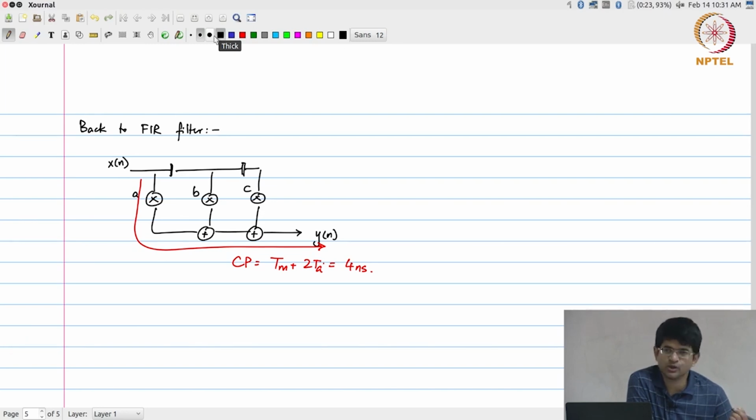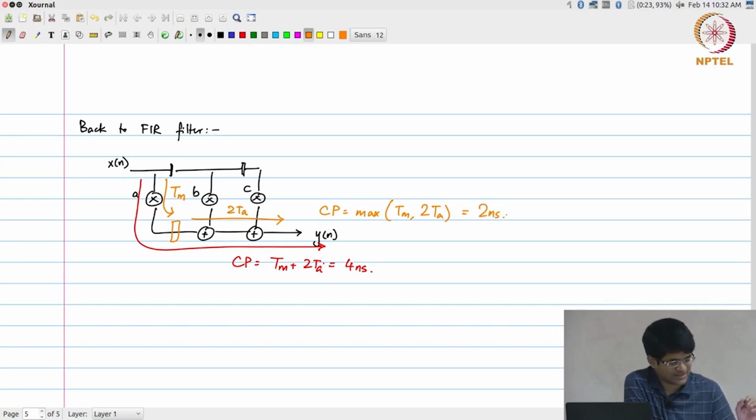So, if I could introduce some other register in the middle of this critical path, for example out here, I would be able to break it. This is a delay of Tm, this is a delay of 2 Ta, so the delay is max of Tm or 2 Ta. In this case both are the same, so it ends up being 2 nanoseconds.